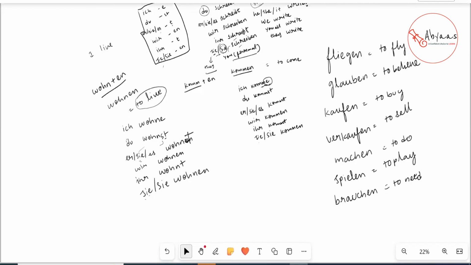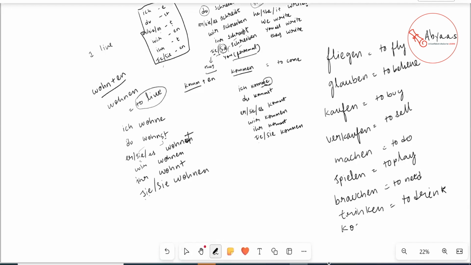So any examples you would like to suggest? Just like trinken. Trinken is to drink. No, that is not the first type. It will fall under the second type. We are discussing the first type now. Kochen, to cook.